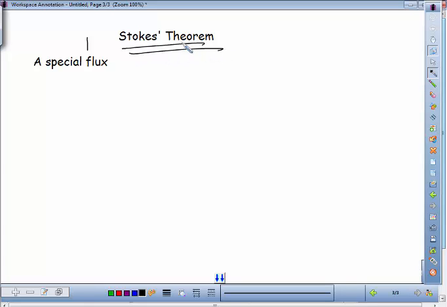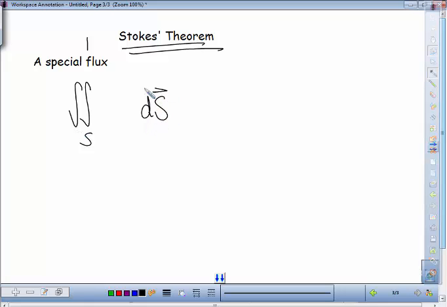All right, so Stokes' theorem looks at a flux integral, but not just a regular flux, it's a special flux. Remember, a flux integral is over a surface of dS, but it's looking at a special kind of vector field.